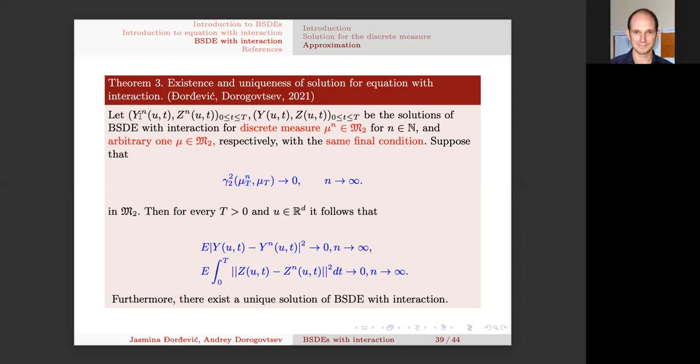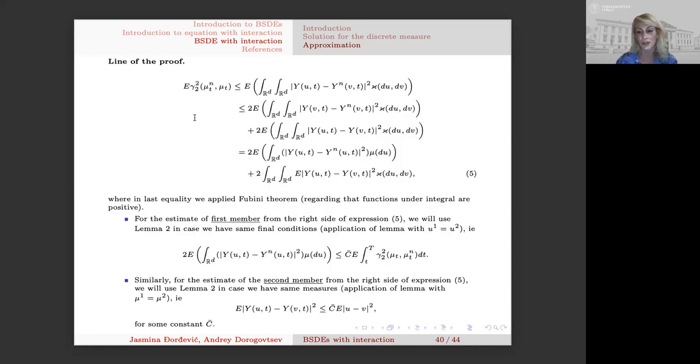For mu n it is clear, but the question is for mu without n. We prove the convergence also of the measure-valued processes mu n t. This is actually the first step.